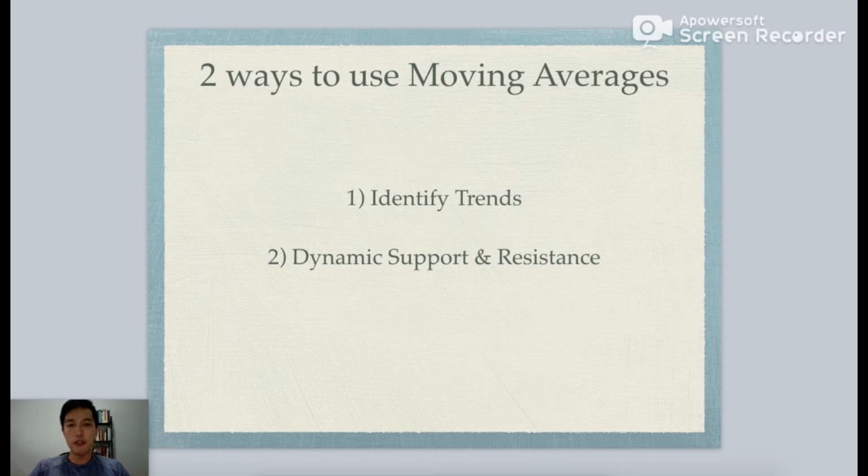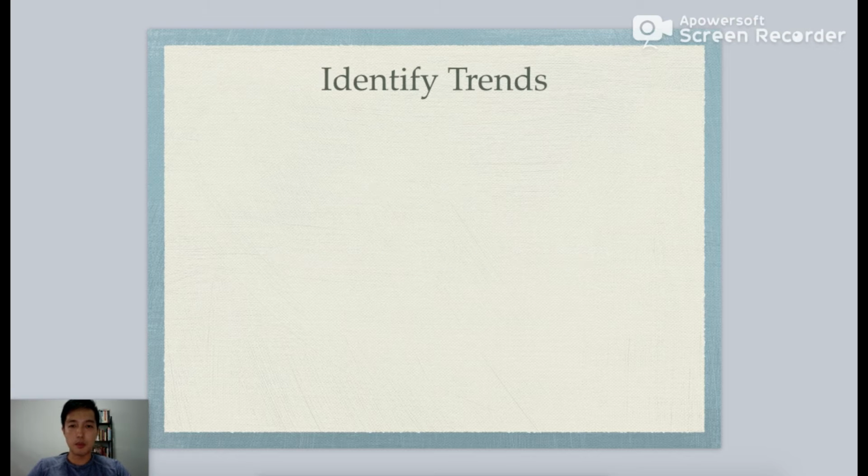We might draw it differently from you, and even the person right beside me might draw it differently when looking at the same chart. So moving averages help you as a dynamic support and resistance because you don't have to draw it. The line forms by itself based on the data given over a stated period, and you can use it as a support and resistance.